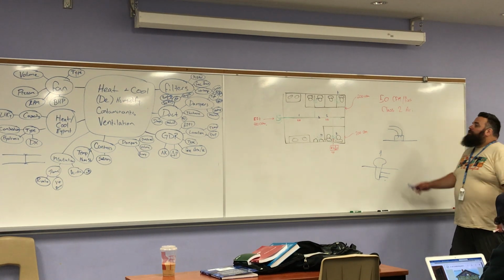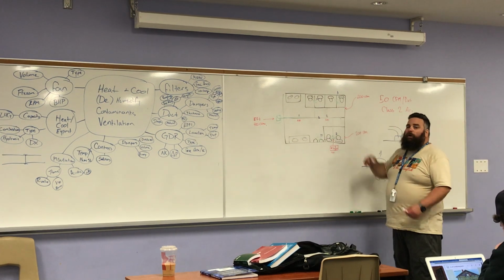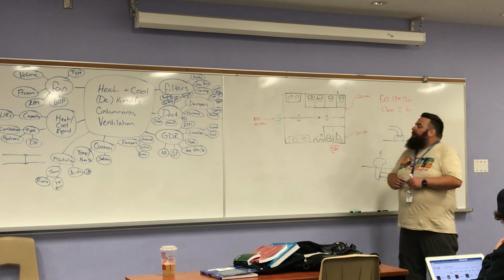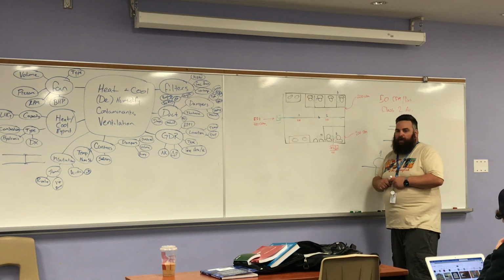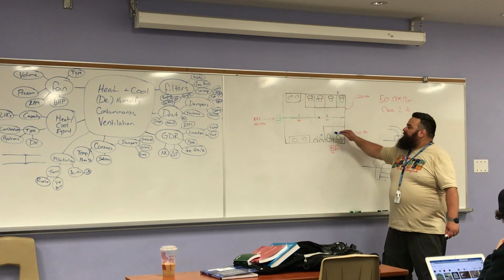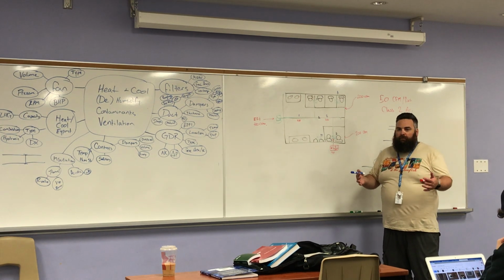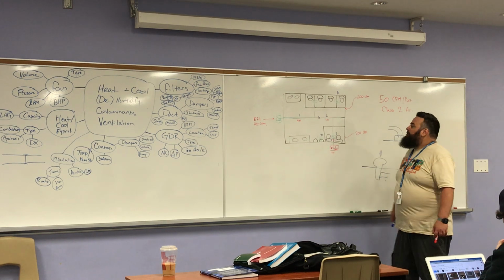Okay? So we would look at all of these and figure out what our equivalent length is. And then we're going to size our duct based on an equal pressure drop, because we want all of these to have the same equal friction. We don't want one favored over the other. Okay?